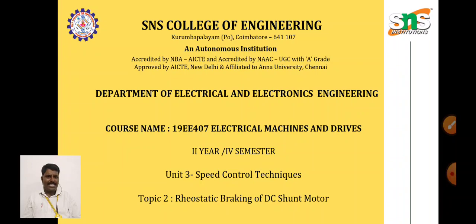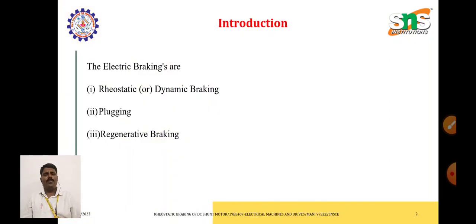In today's lecture series, we are going to learn about the rheostatic braking of DC shunt motor. In the previous class, we already saw the difference between electrical braking and mechanical braking, and the advantages and disadvantages also.